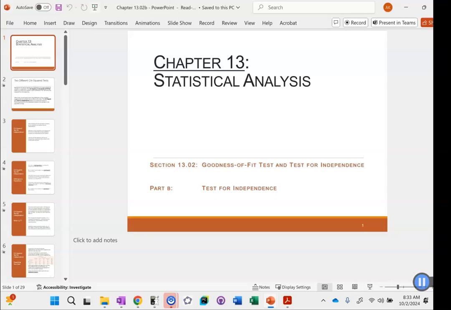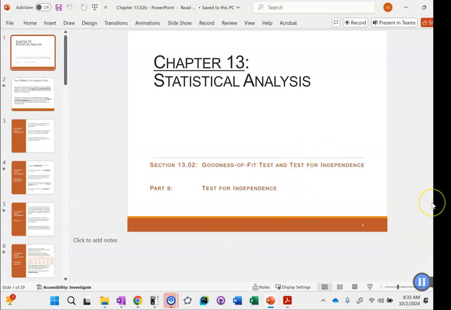So we've just done goodness of fit today so far. The ones we just did were goodness of fit. That's where you have one sample and you're comparing against a known. For independence, you're going to be comparing two samples to see if they're related.